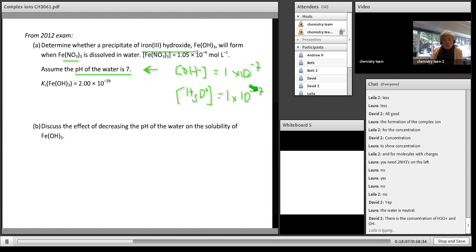Now, what was the point? Right, so David, you're correct. What was the point of me trying to work out the concentration of the hydroxide? Because there's a reason why they told you the pH.